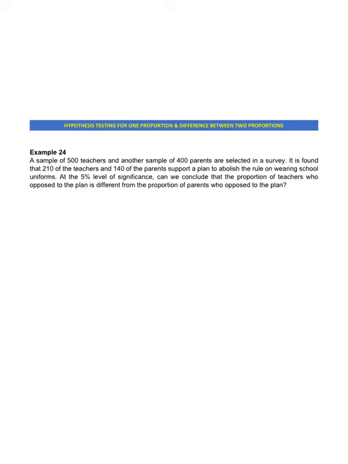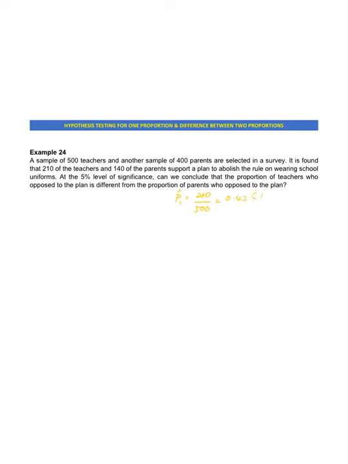For p̂1 we have the teachers. The sample of the teachers that support the plan is 210, so 210 over 500, we get the value of p̂1 equals 0.42.